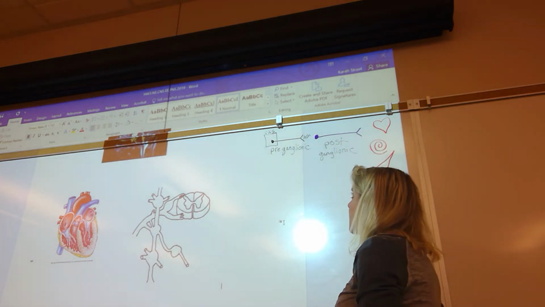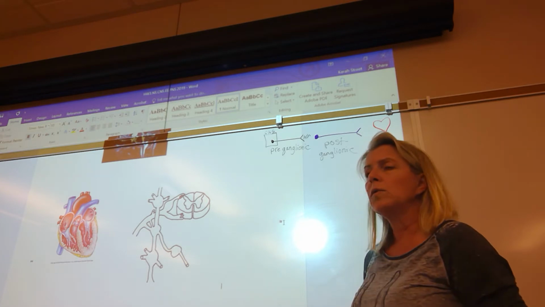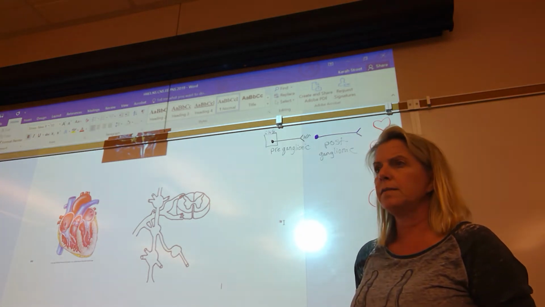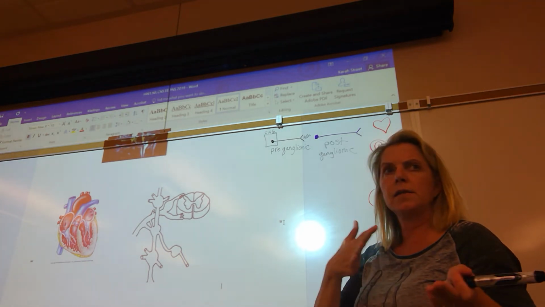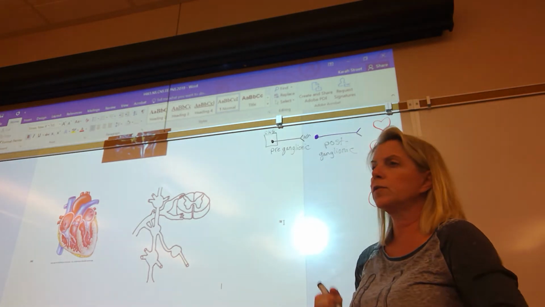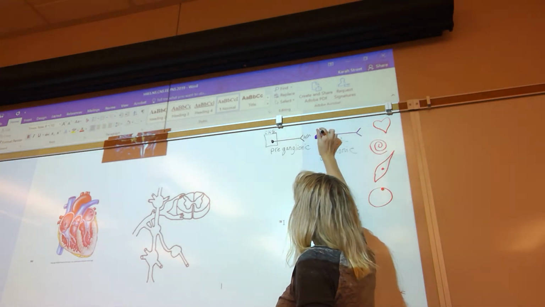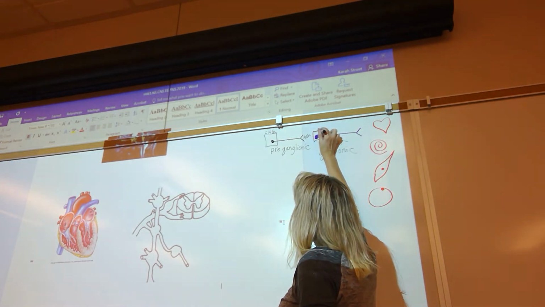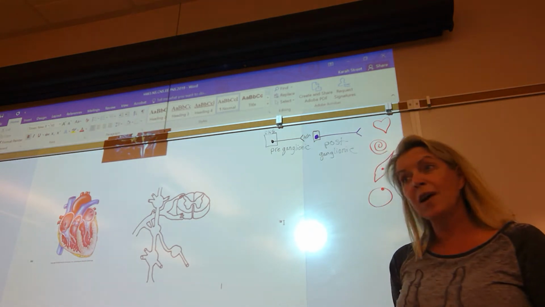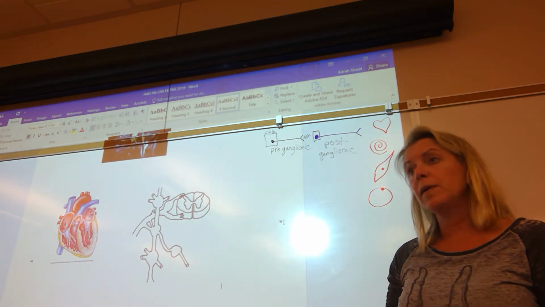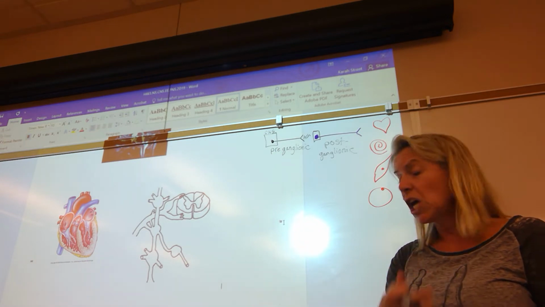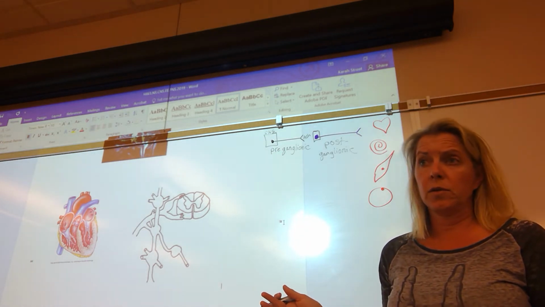The postganglionic neuron, well, what is the definition of a ganglion? Collection of neuronal cell bodies outside of the central nervous system. Well, then that means the postganglionic cell bodies are going to be found in the ganglion, which means it's in the peripheral nervous system. It's not in the brain or spinal cord.